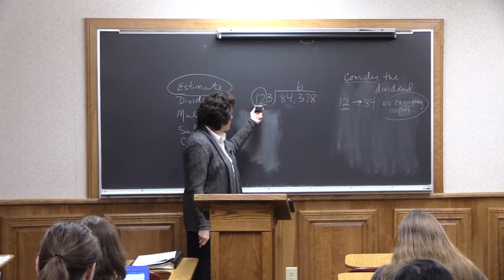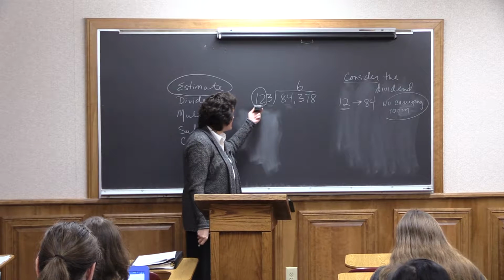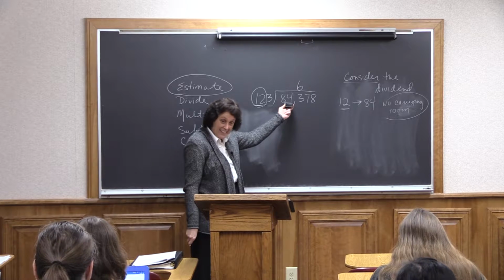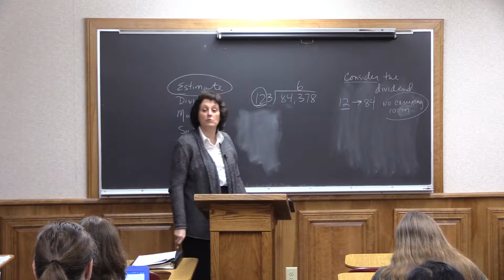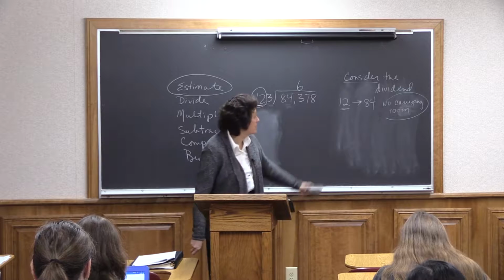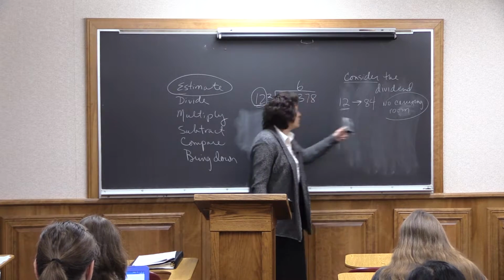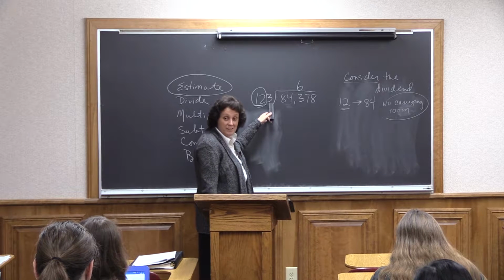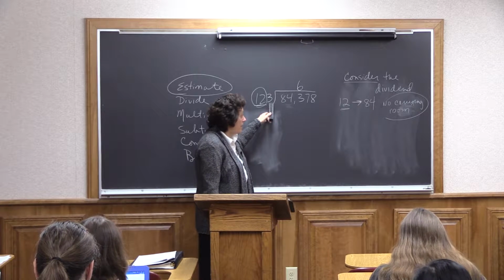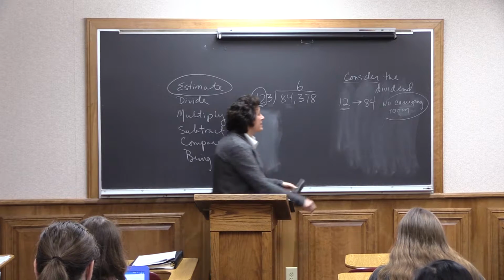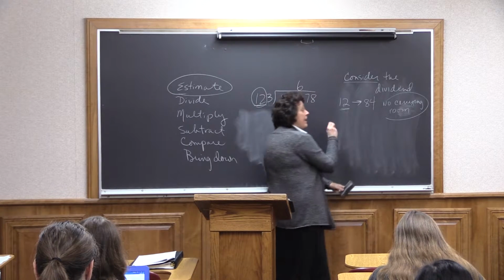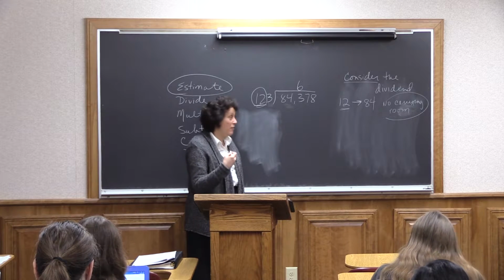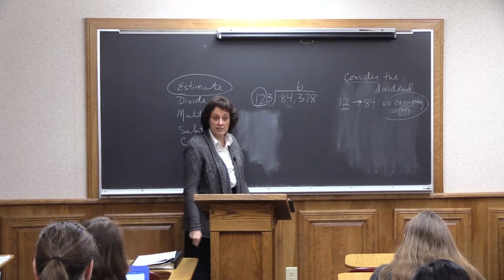When the estimated divisor goes into the dividend exactly that number of times, that estimate will be too large because there's no carrying room. So unless this other digit here is a 1, maybe a 2, and I don't have to carry, I have to pay attention. Do I have carrying room? Because I'm almost always going to need carrying room, so I'm going to automatically go to 6.